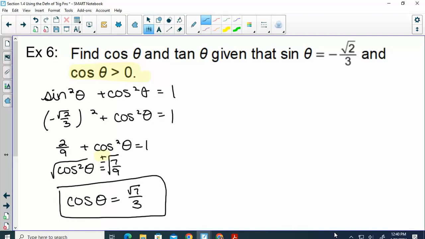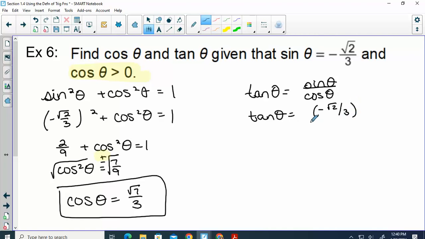How could I get tangent? We could go back to x, y, and r, or we can do sine divided by cosine. Both legal options, if I wanted to just show you how to use these identities. So sine, negative radical 2 over 3, divided by radical 7 over 3.